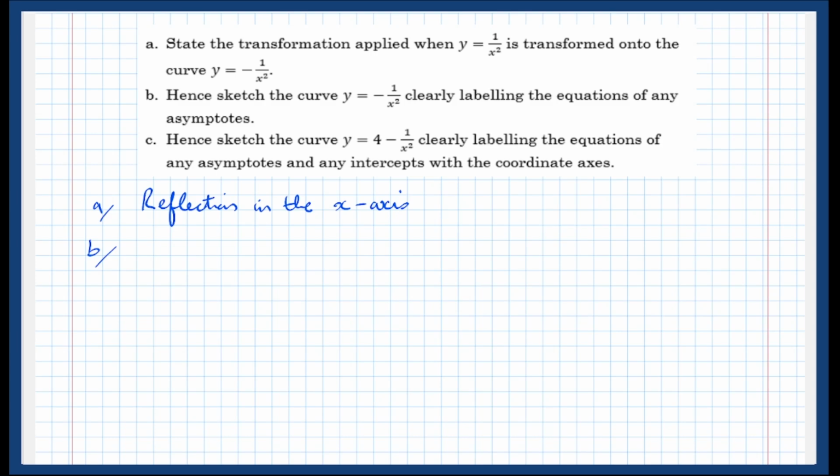So part B: hence sketch the curve y equals -1 over x squared, clearly labelling the equation of any asymptotes. Well, the first thing we'll do is draw the original y equals 1 over x squared curve before we've reflected it. So there's the axes. And that's what y equals 1 over x squared looks like.